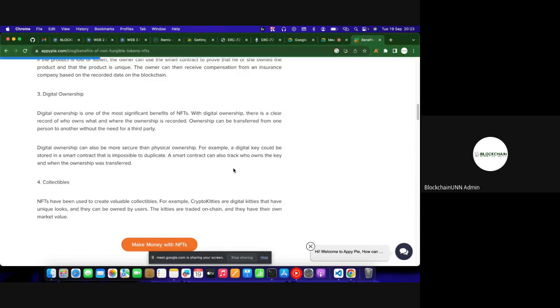So with NFTs, let's say you are a music producer, an artist, and so on, you can create virtual representations of all these things and store them in a smart contract. Now, this helps to ensure that your work is not duplicated. Someone cannot just steal your work anyhow, and it also helps prevent fraud.